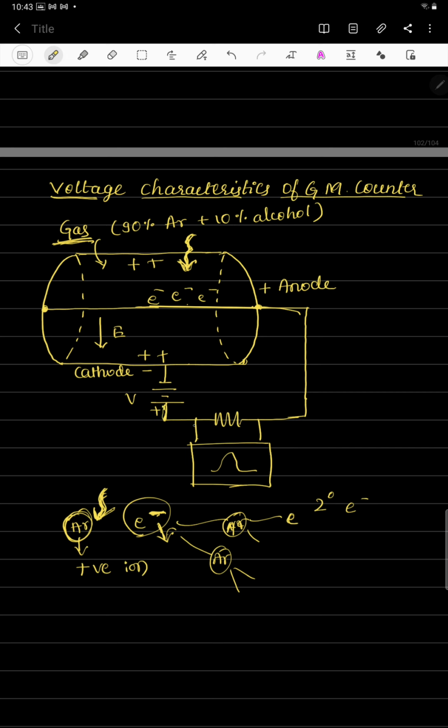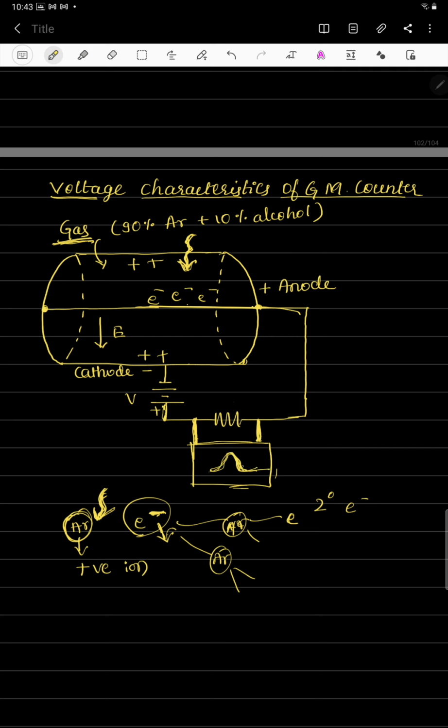During their motion, there is a voltage drop across the high resistor. To find this voltage drop, there is an electronic device which measures it in the form of pulses.